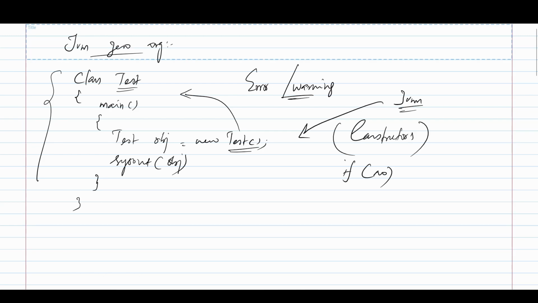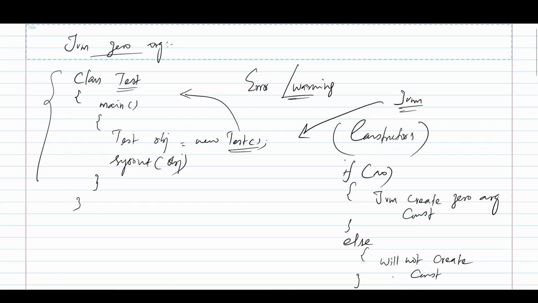If there is no constructor in your class, then the JVM will create one zero argument constructor. If you have a constructor in your class, then it will not create the constructor. Here you have to use your constructor to initialize the object.